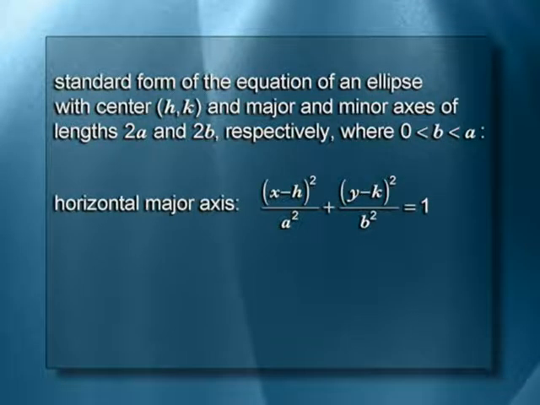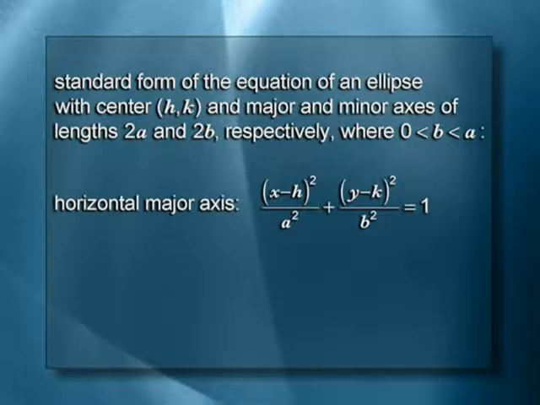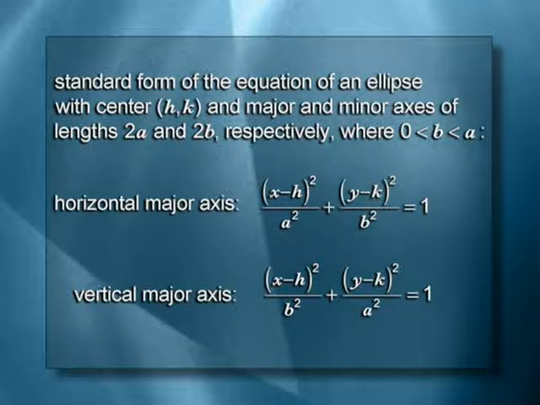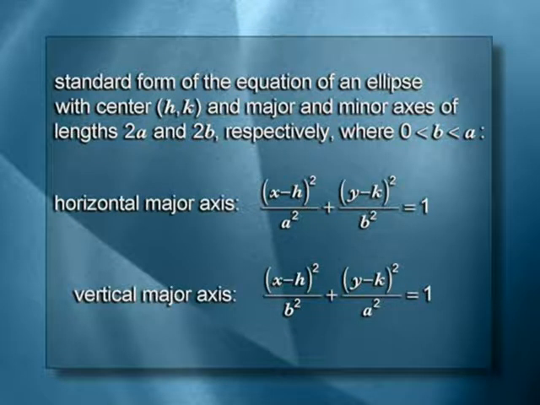If the axis is horizontal, so the ellipse is elongated horizontally, the equation is (x minus h) squared over a squared plus (y minus k) squared over b squared equals 1. And if the ellipse is vertically shaped, it would be a reversal: (x minus h) squared over b squared plus (y minus k) squared over a squared equals 1.